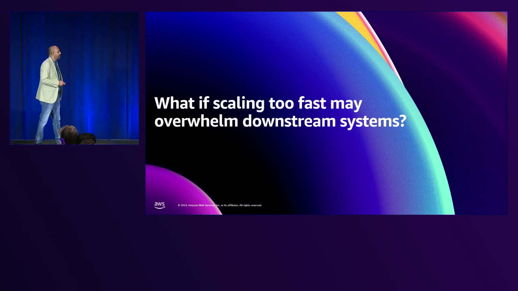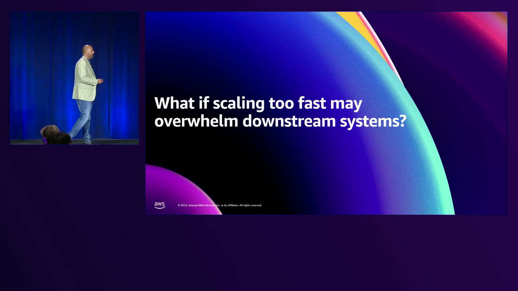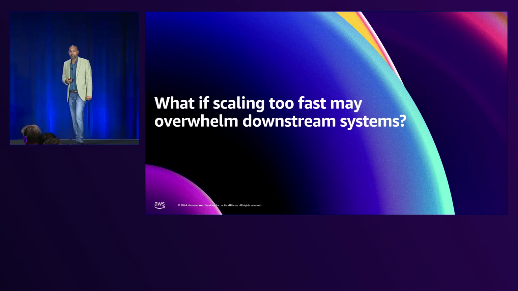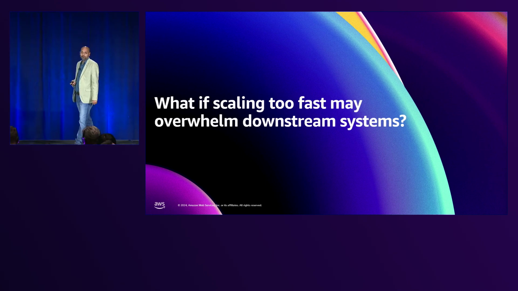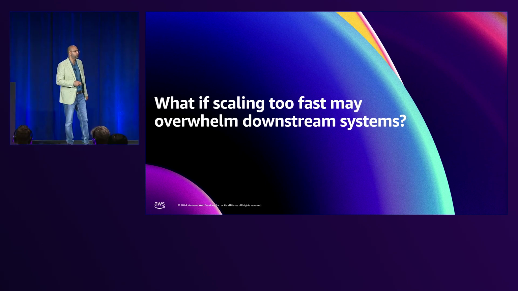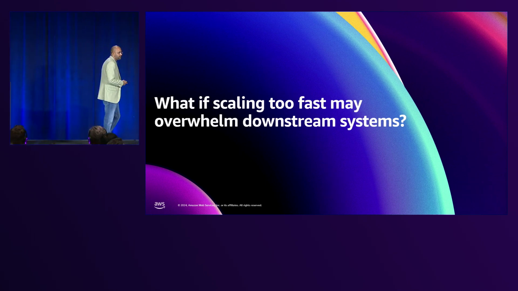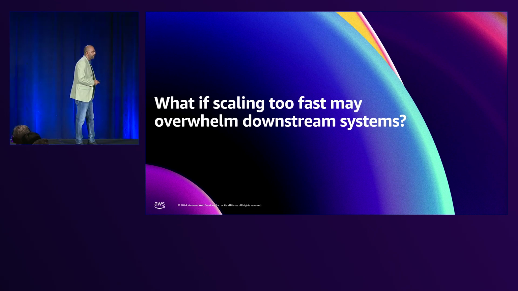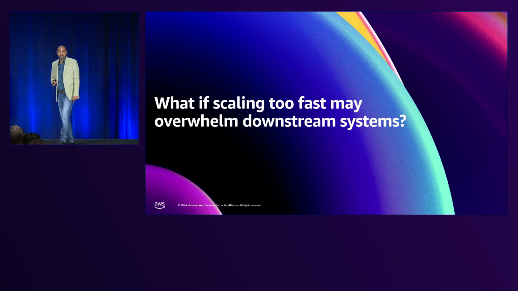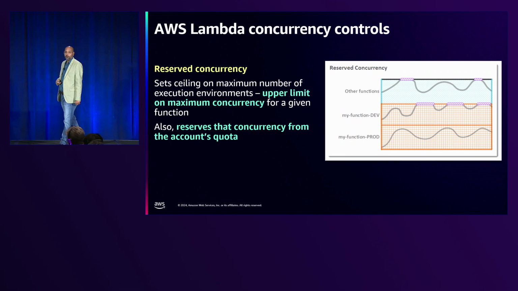But what if we are able to scale the Lambda functions as per the tenant's pattern and throughput needs, but what about the downstream system? For example, if we are able to scale to 1000 Lambda functions per second, but the number of database connections is not available to handle all those requests?